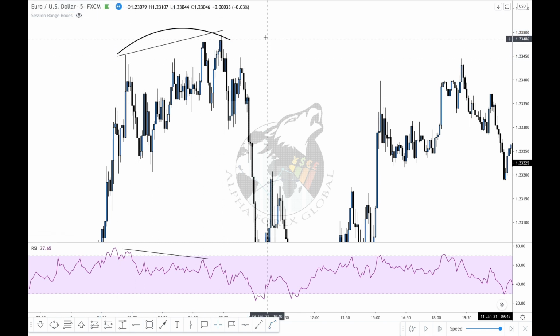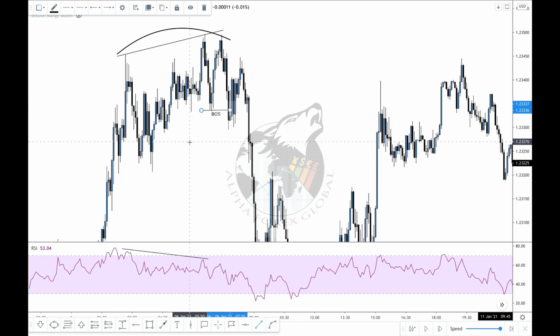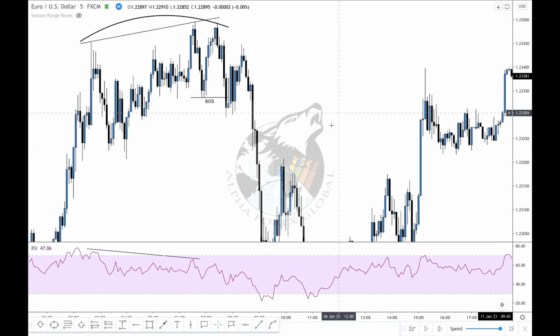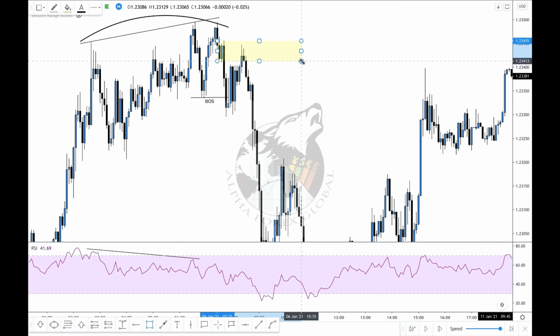Notice the market failed to create new highs right here, then the market broke structure. So the important thing is that you always look for your breaker structure. Structure is always key, right? It doesn't matter what strategy you're using, structure is always key. So we have this breaker structure, and then the market retested an order block at premium price. Right, structure is always key.